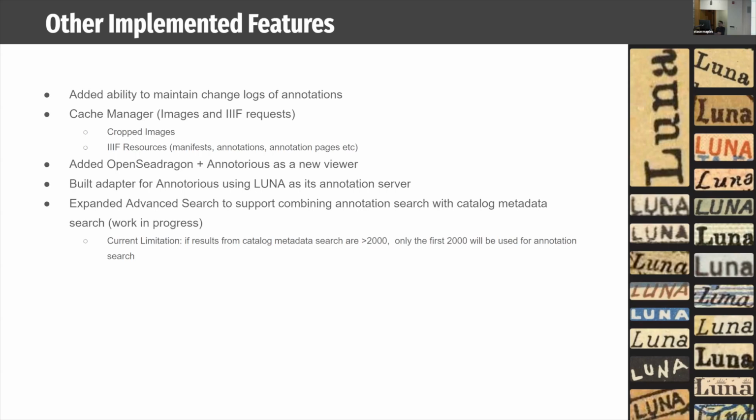I also built an adapter for Annotorious so Luna can be used as its annotation backend server. We also expanded search to support combining annotation search with catalog metadata search. But the current limitation is that if the results from the catalog metadata search are more than 2,000, only the first 2,000 are used for annotation search. And we are hoping to get this enhanced or fixed in the next month or so.